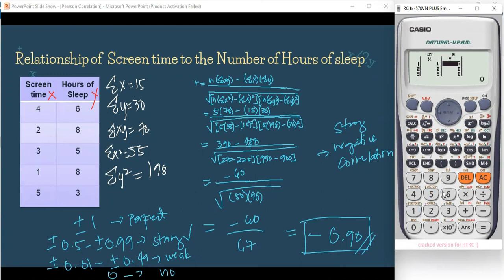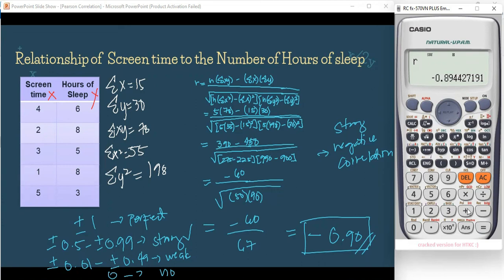Also, we have 6, 8, 5, 8, 3. So pansamantala, AC, then shift, stat, regression, 5, and that is 3. So that will give us negative 0.89, which is approximately negative 0.90.